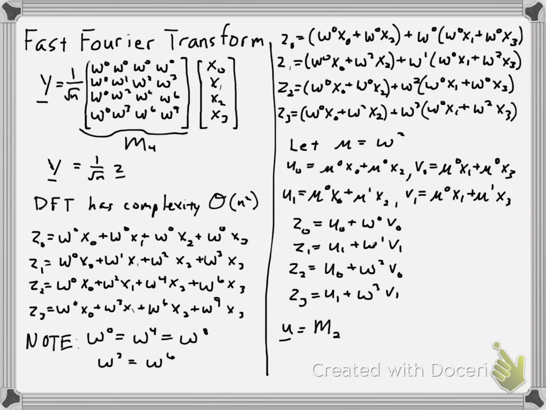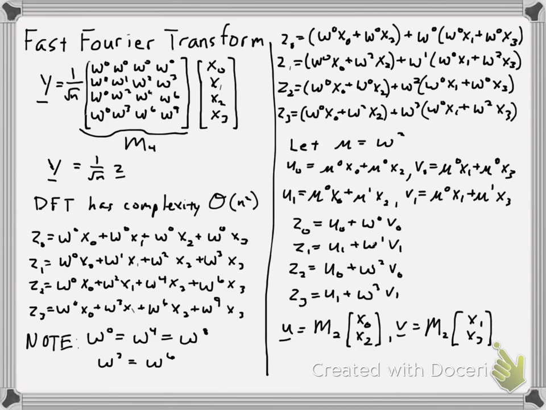Okay, so u is equal to m sub 2 times (x0, x2), and v is equal to m2 times (x1, x3).